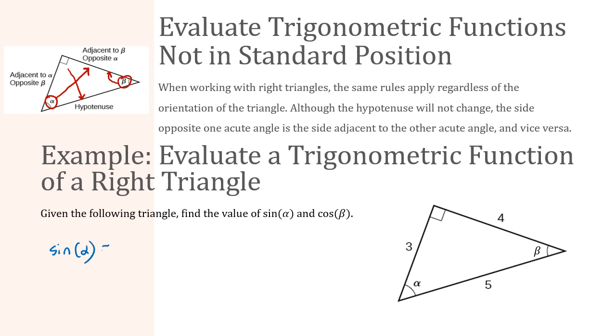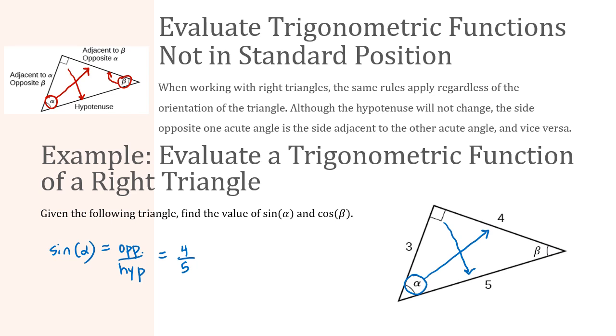Well, we know that sine is opposite over hypotenuse. If I identify alpha in the bottom left of that triangle, the side that's opposite alpha is 4. And of course, the hypotenuse never changes. That's always going to be 5. That's the side that's across from the right angle.